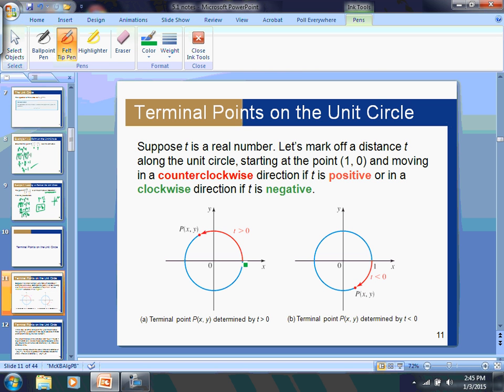So we're going to start at the point 1, 0, and then you move counterclockwise if your direction is positive. And if your direction is negative, then you're actually moving clockwise. So I kind of like to say that when you start at 1, 0, if it's positive, you move up and go around the circle that way. If it's negative, you go down and you move around the circle that way.